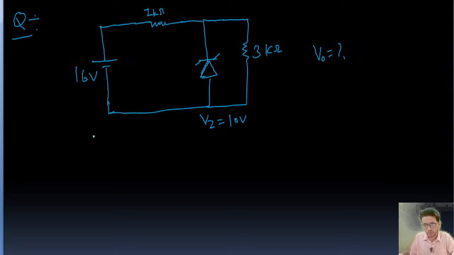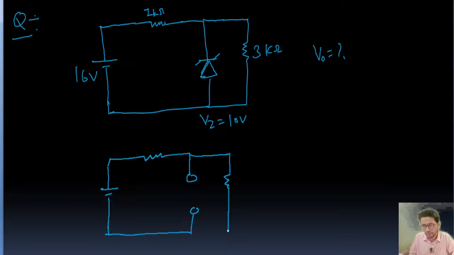So this circuit is going to be like this now. For getting the output voltage, we will remove the Zener diode from the circuit, and that part will be open circuited.